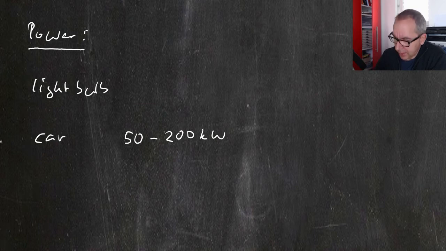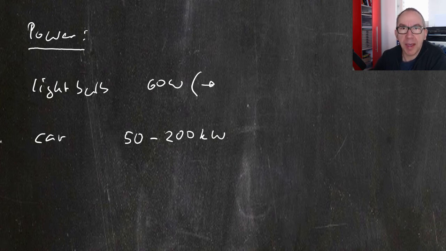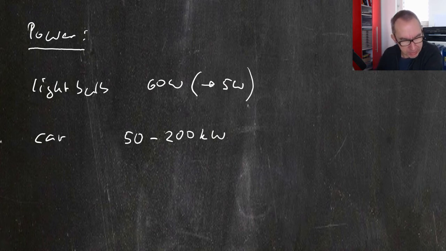There it says maybe 60 watts if you have an old-fashioned one, or if you hopefully have a newer one with LED technique, this has dropped to a typical value of 5 watts.